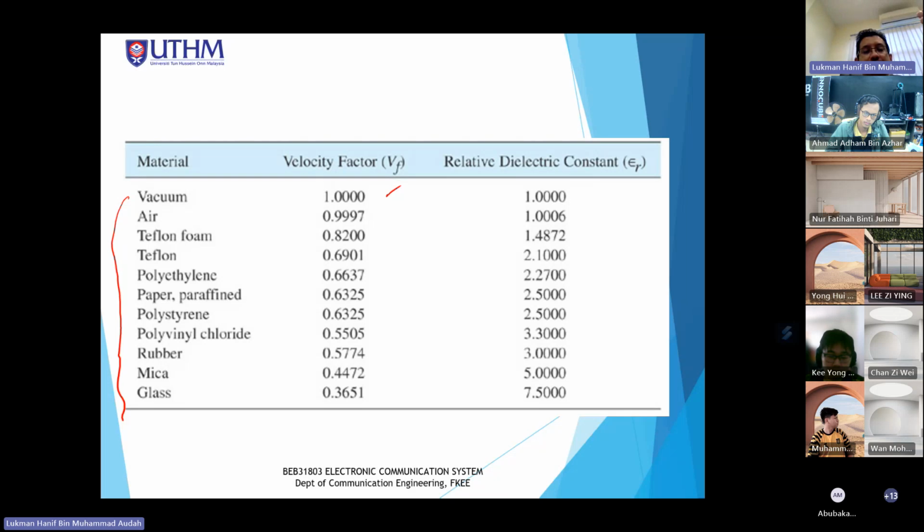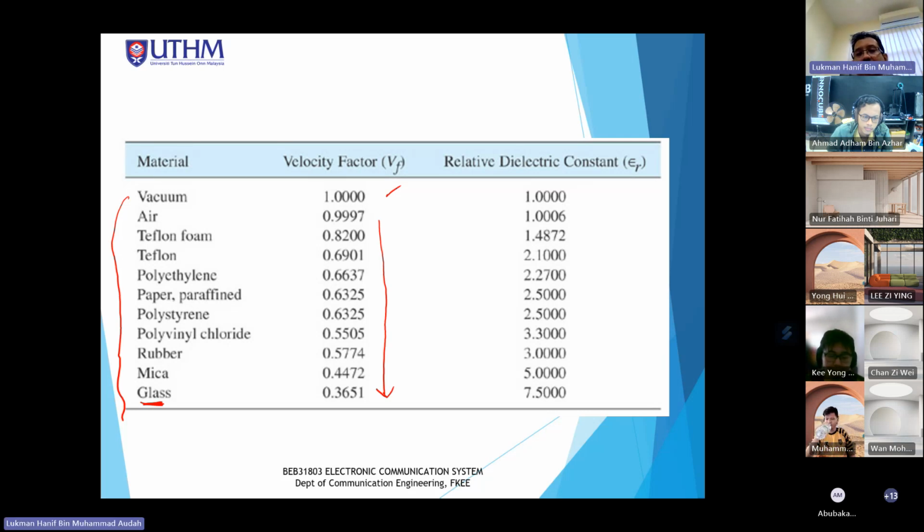And as we move to different kinds of materials for the transmission line, the velocity factor decreases until 0.3651 for glass. That means the wave that travels in a glass medium moves much more slowly compared to the speed of light.